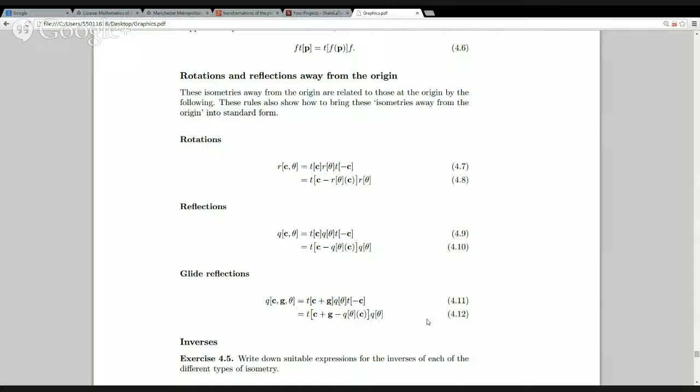Well, to get that point y back to x, you could just reflect it in the line again and then glide it back by minus g. So we can use the same reflection, but gliding now by minus g.